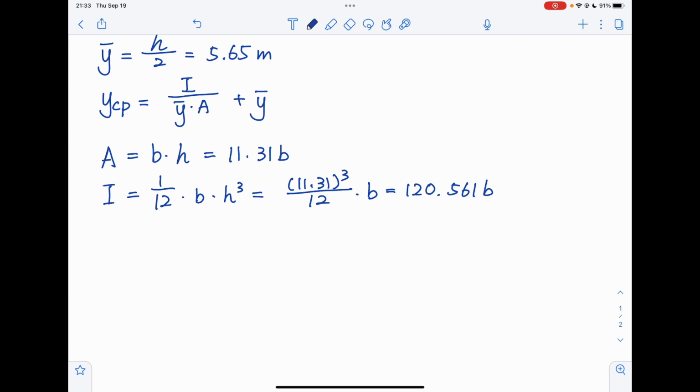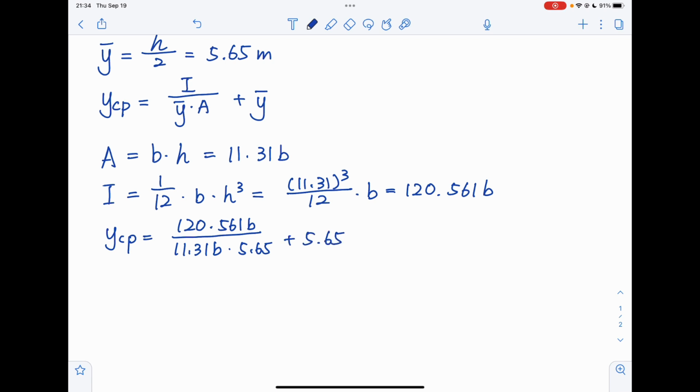Now we can substitute this into YCP. So it's going to be 120.561 B over 11.31 B times 5.65, plus 5.65.